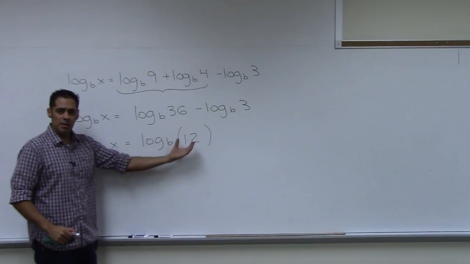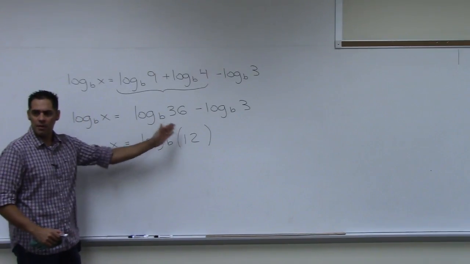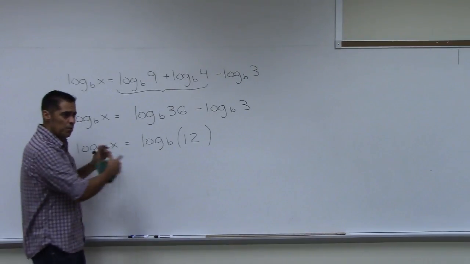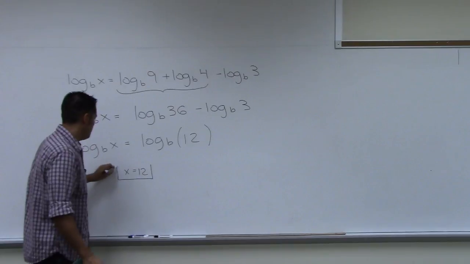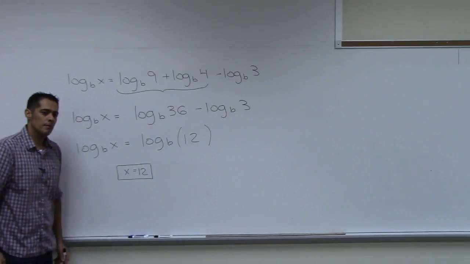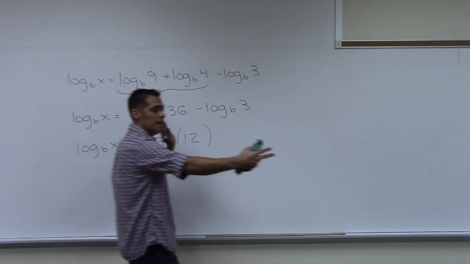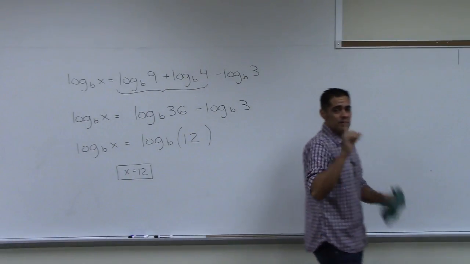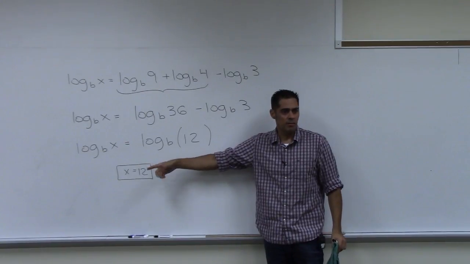In order for these two to be equal, this would have to be a 12, so it would match up perfectly, wouldn't it? So at this point, we can say x is 12. And we're done. So the goal of the problem was to take that big old ugly thing, condense it down into a single log, and then get it to match the other side. And we're done.